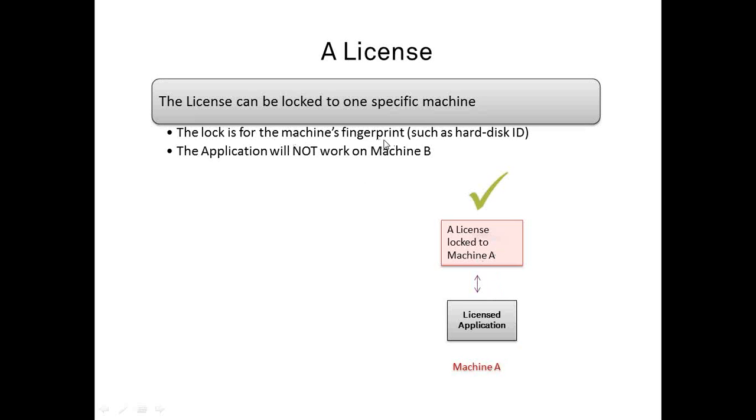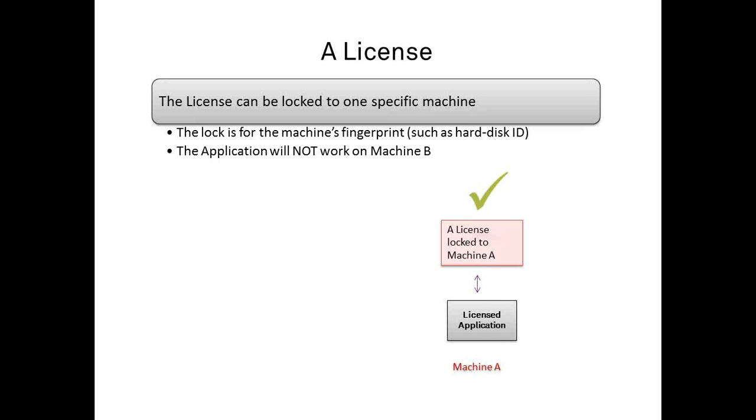Fingerprint of the machine is something like the specific hardware components that this machine A has, like the hard disk ID. So every machine may have the same hard disk model, but not the same ID of the hard disk, because it is something that is unique for every manufacturing of every hard disk.